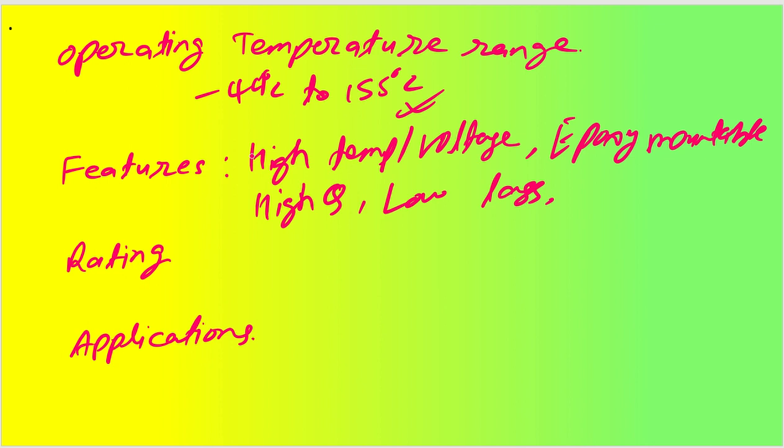So various other features are there. A very good feature that you have is low loss, then low ESL, okay, then ESR, equivalent series resistance, equivalent series inductance. So you want low ESL, low ESR, and high voltage and all these things. So these are the basic features that we need to have in our capacitors if it is needed.